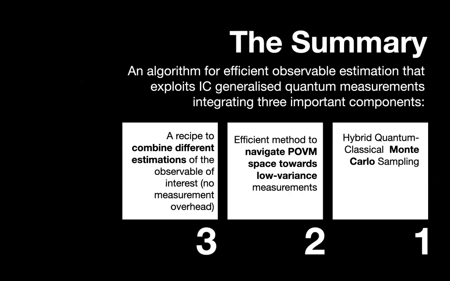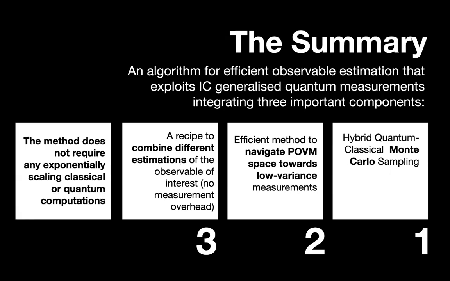The algorithm, importantly, at its core, exploits informationally complete generalized quantum measurement and incorporates 3 ingredients: a hybrid quantum classical Monte Carlo sampling, an efficient method to navigate the space of POVMs towards low variance measurements, so minimizing the error, and a recipe to combine the different estimations of the observable on the fly, so that this does not imply any measurement overhead.